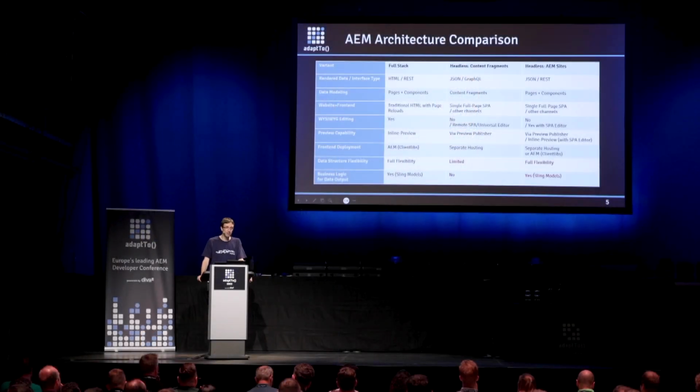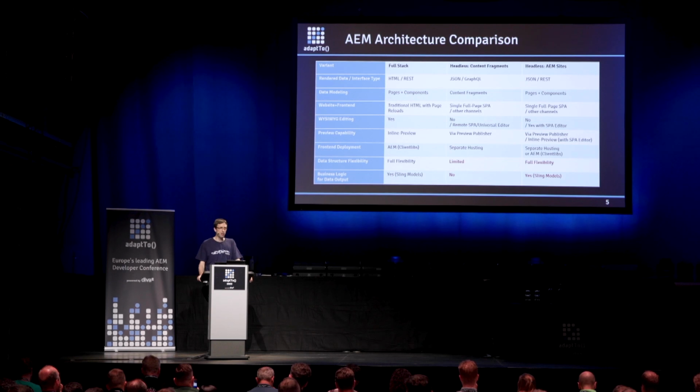For front-end deployment, usually you host your front end separately, so you can take advantage of server-side rendering and other capabilities available today. You can deploy it using AEM client libs, although that technology is a bit limited and a bit outdated from the build staging, so probably not so recommended today.